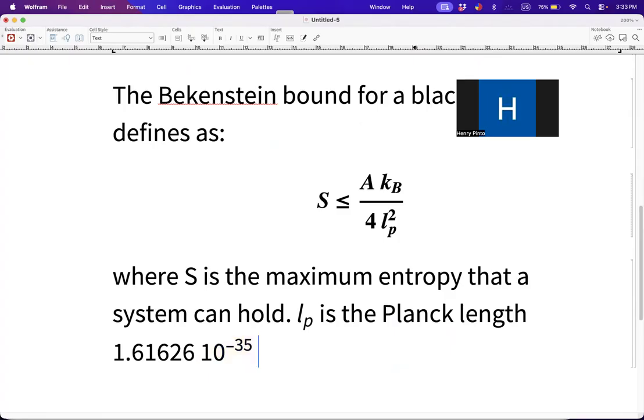So if we go shorter than that length, there is no physical meaning. It loses any kind of physical meaning. And K sub B is the Boltzmann constant.